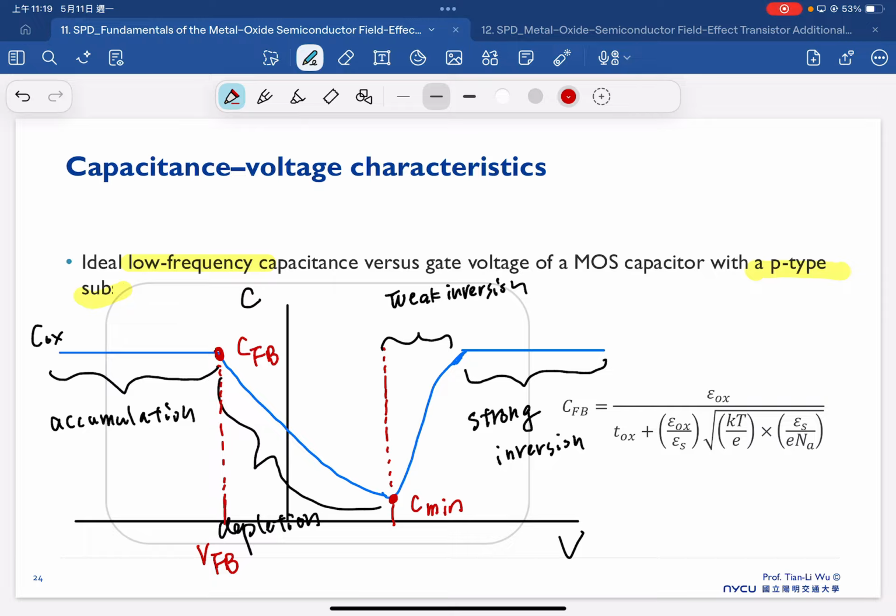Somewhere there. The Cox, this is also the Cox, can be estimated from epsilon_ox over t_ox.